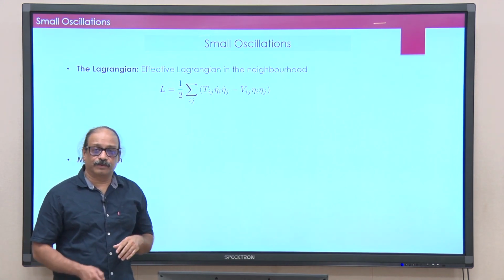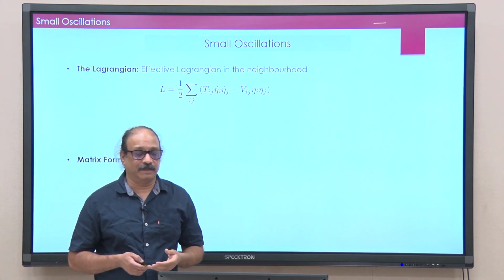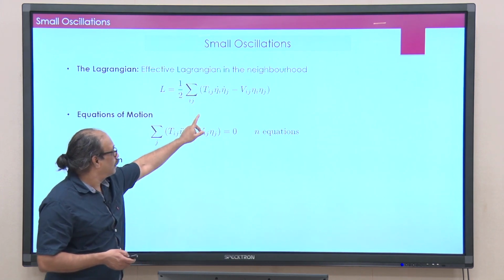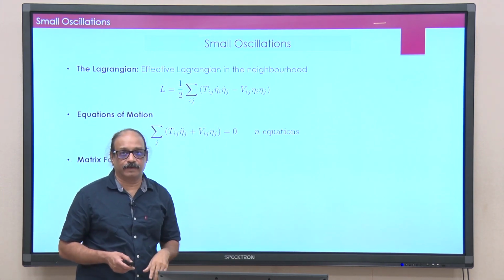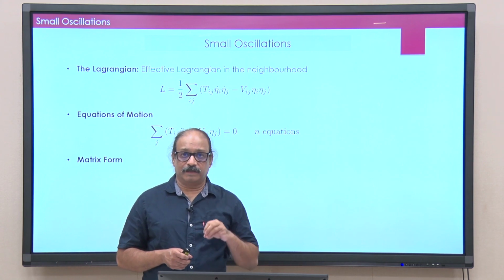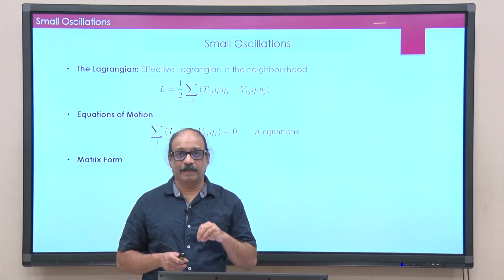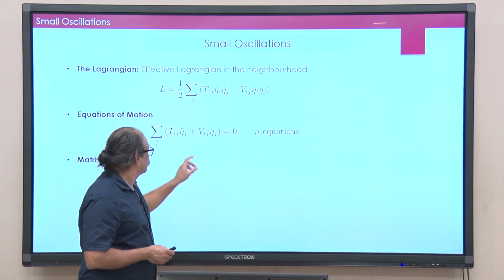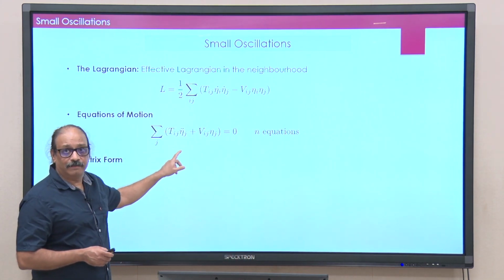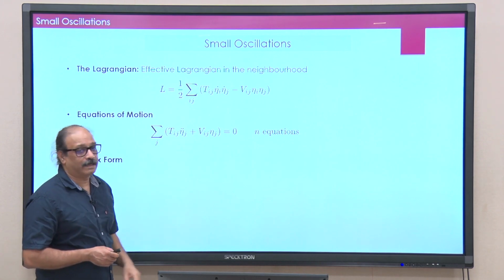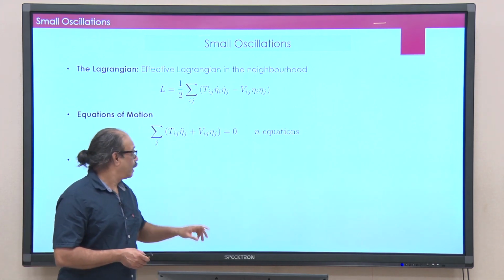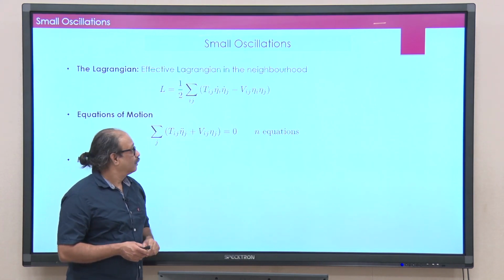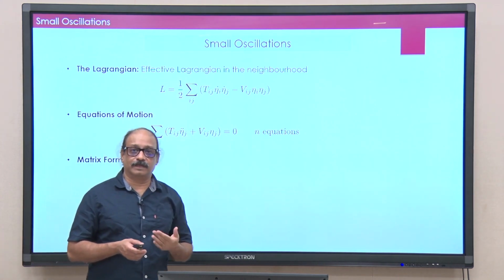And if you construct the equations of motion out of this, you take a derivative of this with respect to eta i dot, what you are left with is Tij eta j dot, and then you take one more time derivative of that, that will give you eta j double dot, and minus the derivative of the V term with respect to eta i.